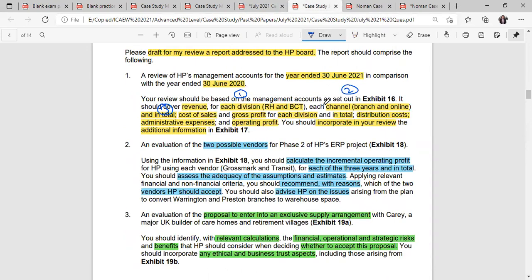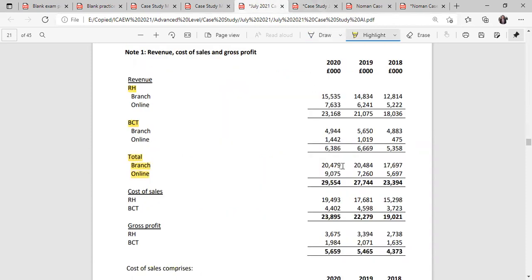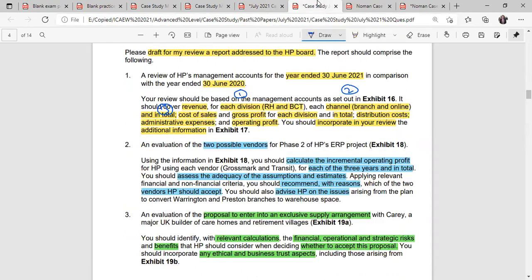Again, same requirement, a very easy and typical requirement: channel, branch, and online. So you just need to analyze the trend of 2020 and compare these 2020 figures with 2021. New 2021 figures have been provided in our new exam.